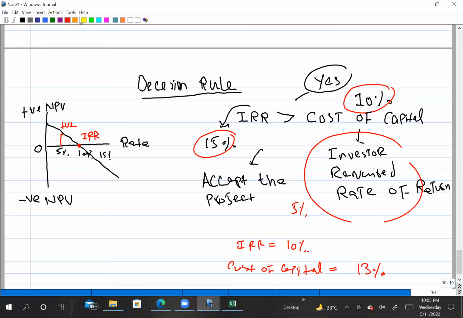So when we move away from the 10%, away from the origin, the NPV will be negative, and at negative NPV the project should be rejected. So in this case, the project will be rejected, where the IRR is less than the cost of capital of the company or the investor required rate of return of the company. You get it?